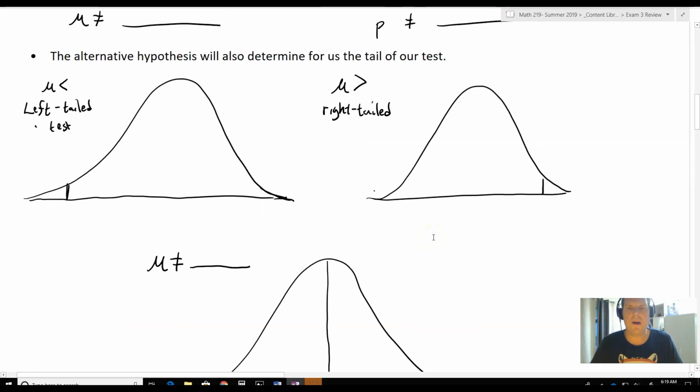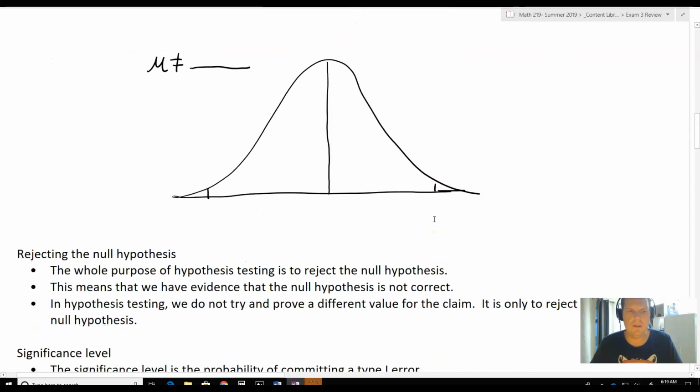So that alternative hypothesis comes in really important when we determine the tail of the test, because it's going to tell us where we're going to reject our null hypothesis. Do we do it on the left-hand side, the right-hand side, or do we have to test both sides?